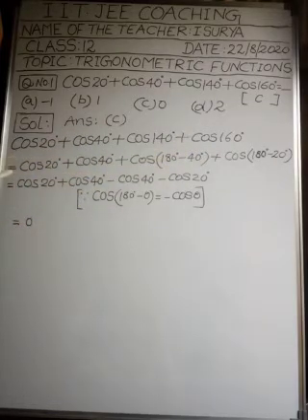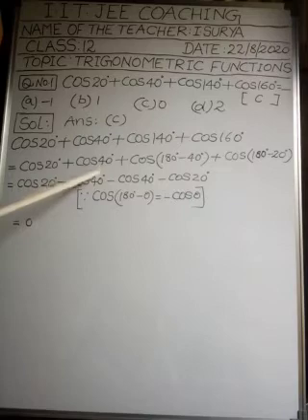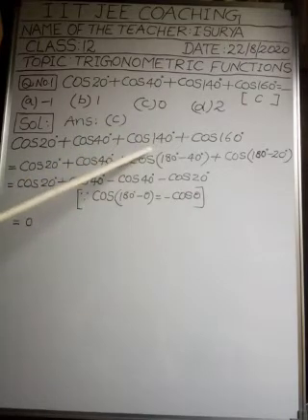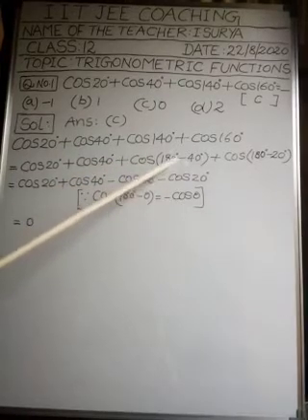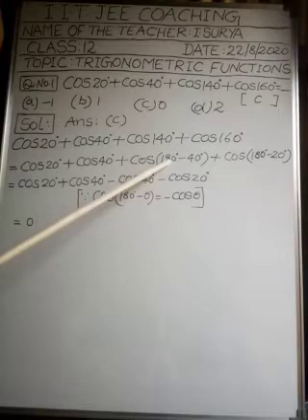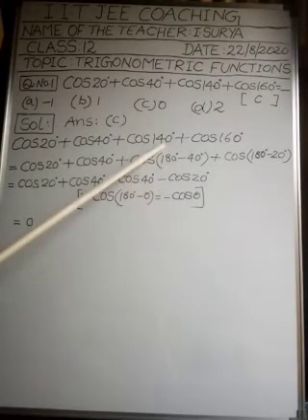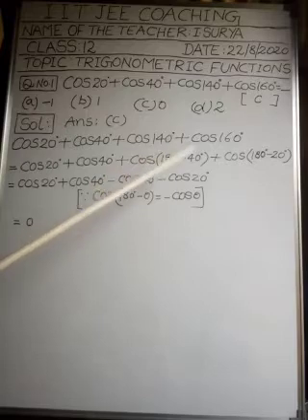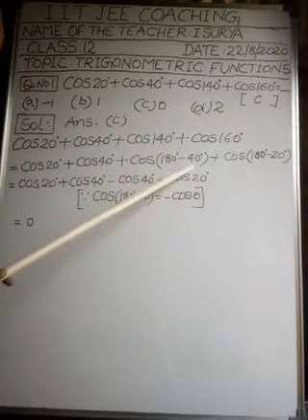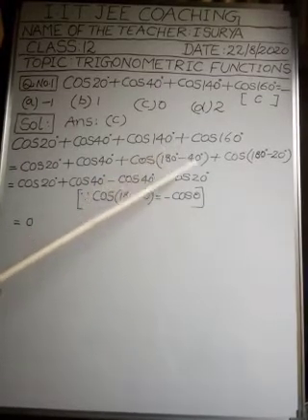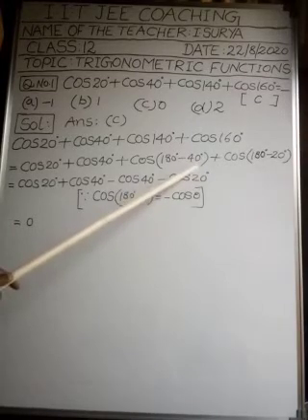Okay, my dear children, that is equal to: I wrote the first term as it is, cos 20 degrees, plus the second term also as it is, cos 40 degrees, plus cos 140 degrees as cos of 180 degrees minus 40 degrees. What will you get? 180 degrees minus 40 degrees is 140 degrees only. For our convenience, 140 degrees is written as 180 degrees minus 40 degrees.